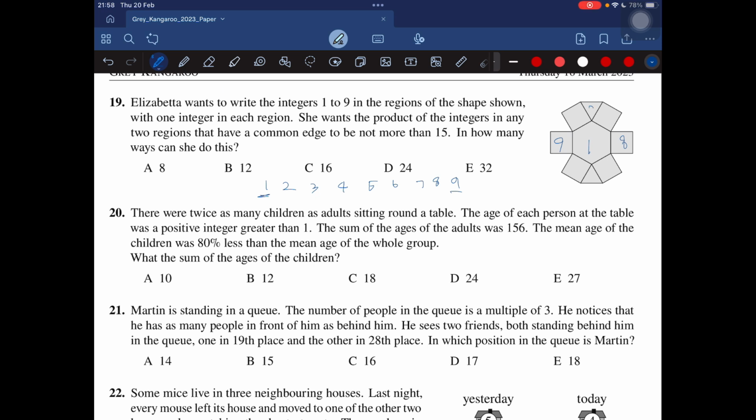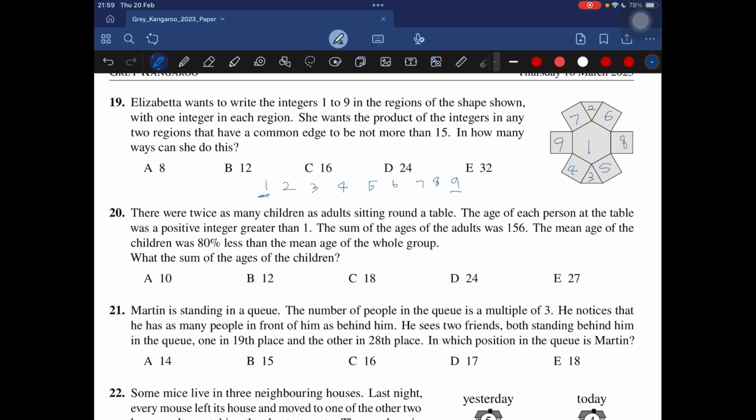So 2 and 3. Because in the case of 2 we can use it twice, and 3 we can use it twice because they are small numbers here. So 7 and 6, 4 and 5. Oh, yeah. Now we can make it like this.